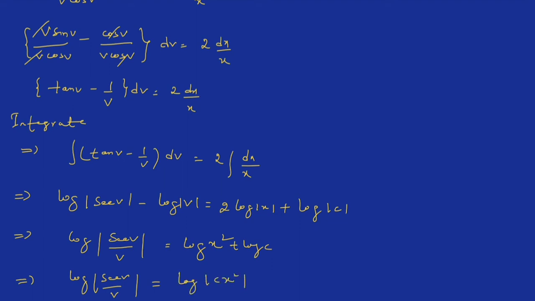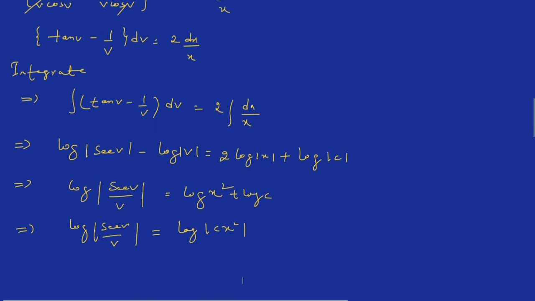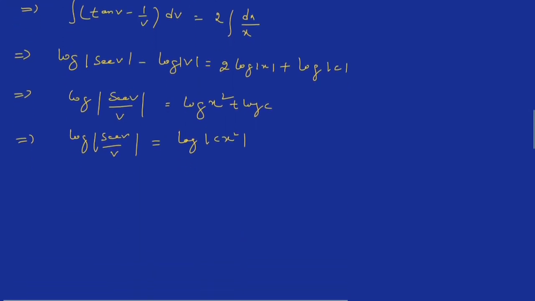Log m plus log n can be written as log mn, right? So now log gets cancelled from both sides. What we get here is sec v upon v equals c x square, or you can take c1 here, log c1, so it is c1 of x square, right?